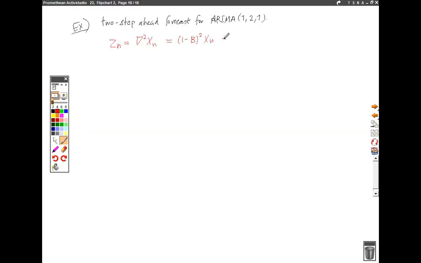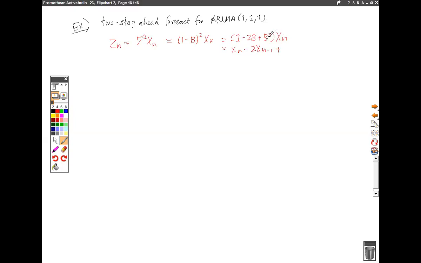And when I expand this (1 minus B) square, what I get is (1 minus 2B plus B square) Xn, which will be translated to Xn minus 2 times Xn minus 1 plus B square Xn.